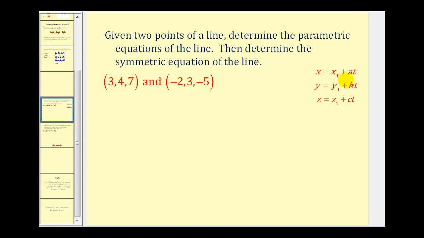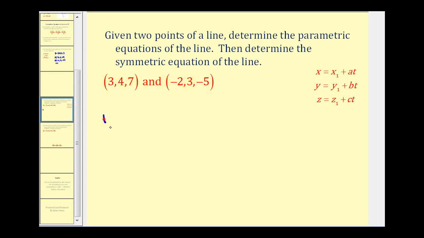So looking at the parametric equations of a line, we can let either of these points represent x sub 1, y sub 1, and z sub 1. But remember, to find the values of a, b, and c, we have to find the directional vector of this line. And we can do that by finding the vector in component form that would pass through these 2 points.